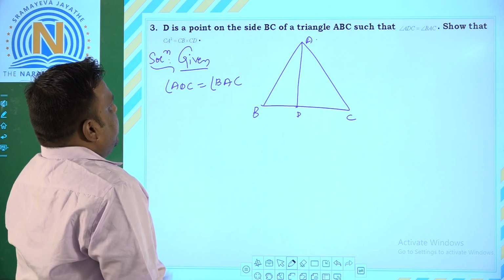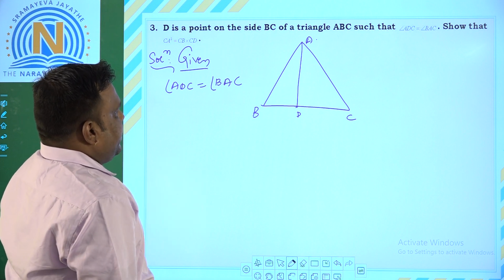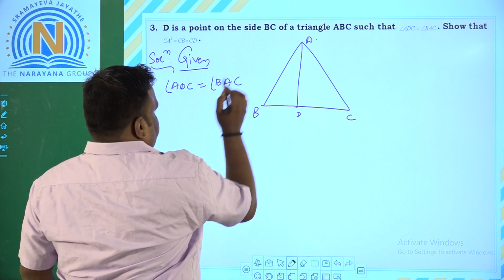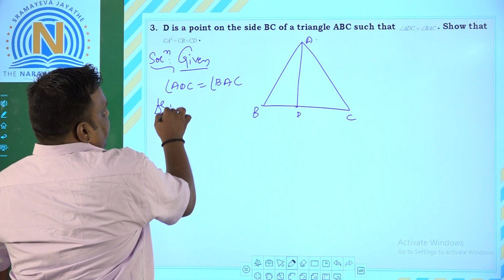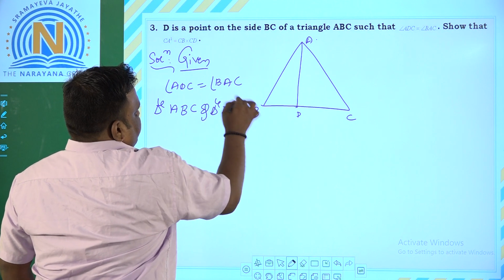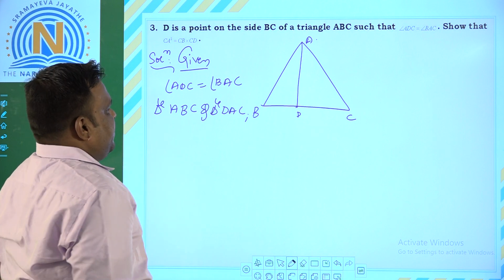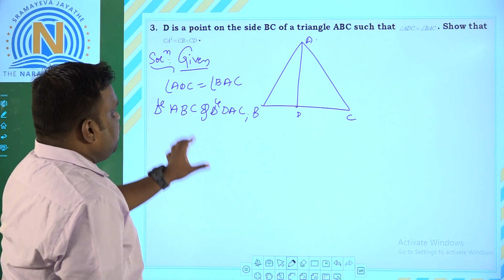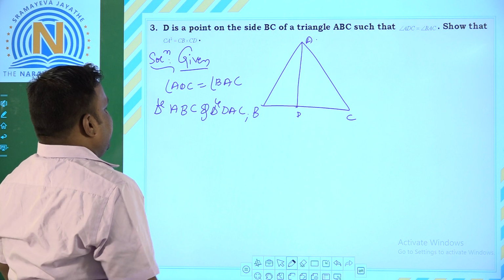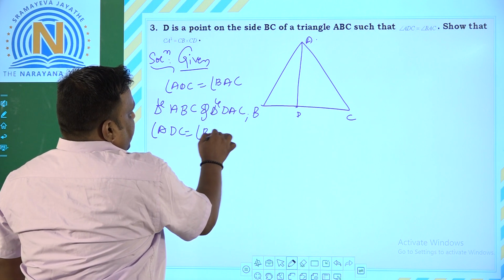Okay. Now let us consider two triangles here. What are the two triangles we will take? Consider the triangle ABC and triangle DAC. Consider these two triangles, right? From these two triangles, it is already clearly given for us that angle ADC is equal to angle BAC.